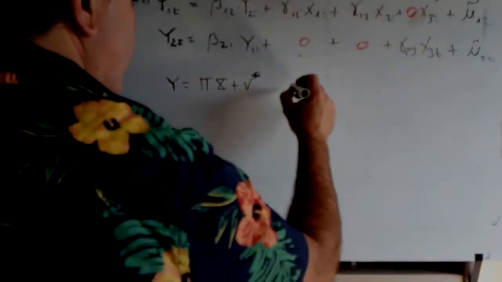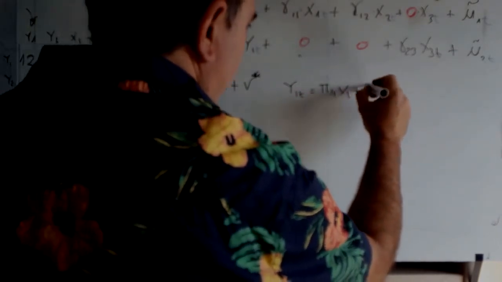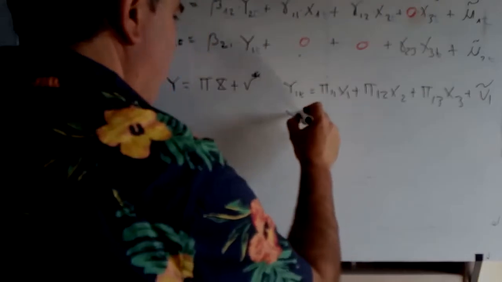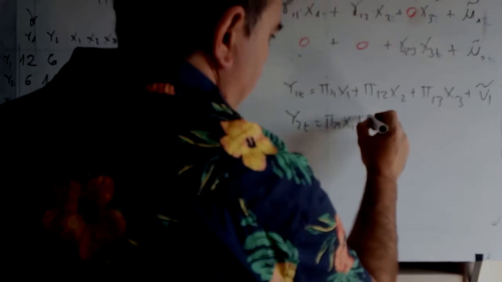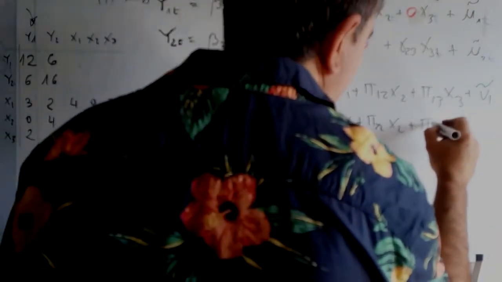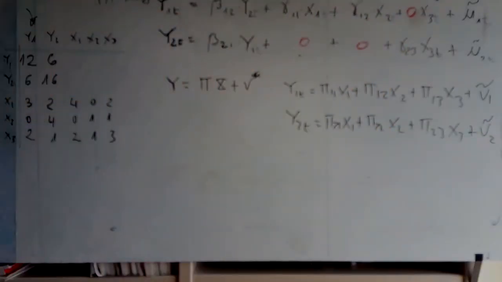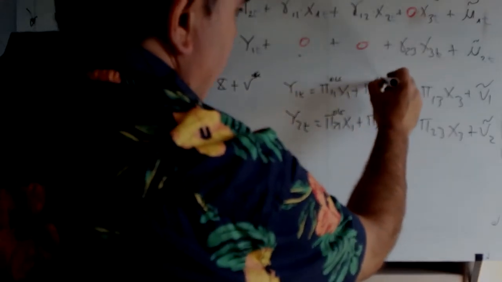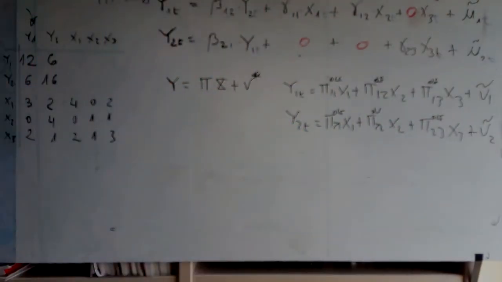So what we are going to do is evaluate this model: y1 equals P11 x1 plus P12 x2 plus P13 x3 plus the error term, and for the second equation, y2 equals P21 x1 plus P22 x2 plus P23 x3 plus the second error term. So we are going to perform an ordinary least squares estimation over these betas, quote unquote, that are called P's. How do we do that?